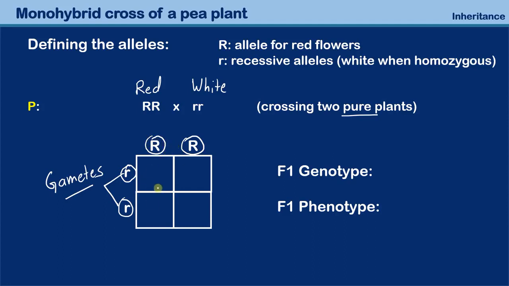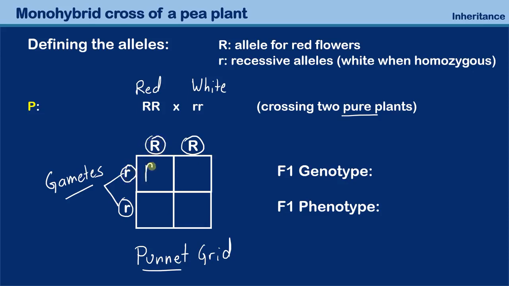So we have to try out all combinations, and by drawing a so-called Punnett grid or Punnett square, I suppose it's named according to Mr. or Mrs. Punnett.